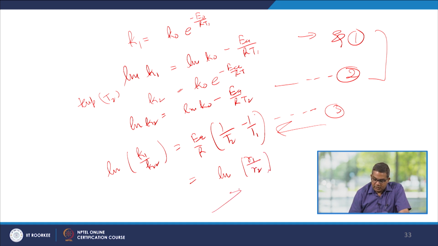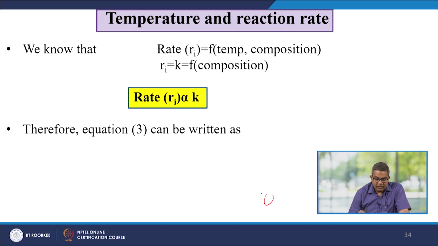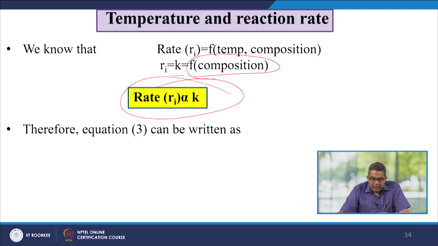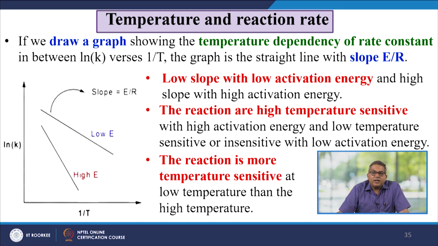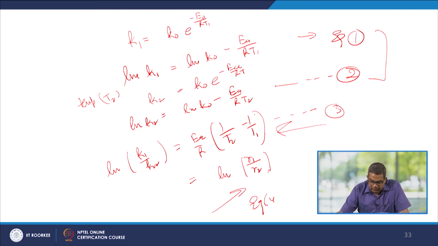This is equation number 4. Now, why have we written this particular equation? Because the initial rate is a function of temperature and composition, and this is equal to K or a function of composition. So rate is proportional to K. So we can write this particular equation in the previous form like this.